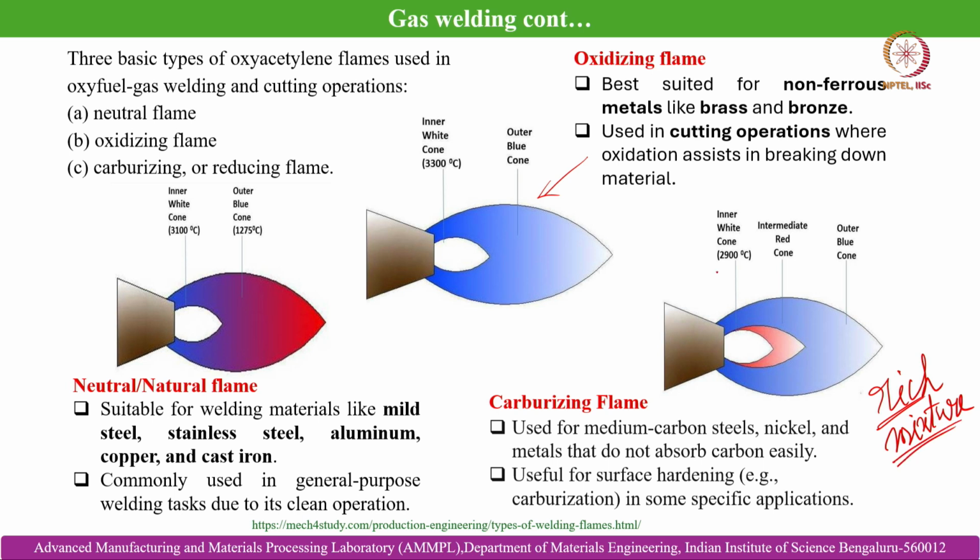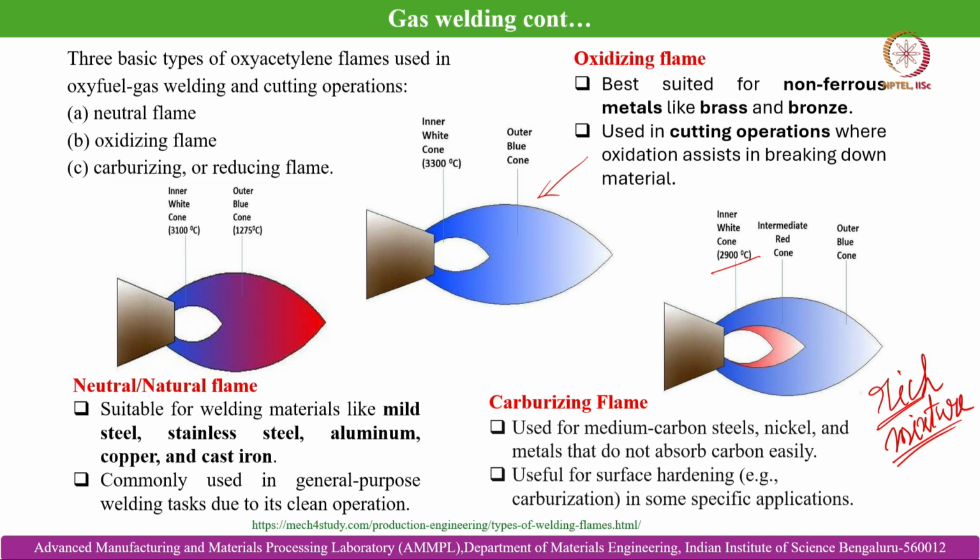The inner cone temperature is around 2900 degrees centigrade, and there is an intermediate red zone. Seeing that, you can recognize that your fuel gas content is higher in the mixture, and accordingly one can adjust the regulators to arrive back at the neutral or the oxidizing flame as required.